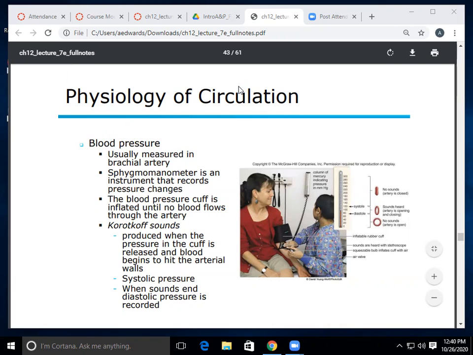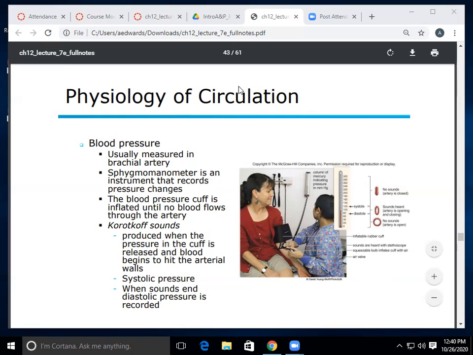Okay, so they do the blood pressure till you cut off blood flow, and then they start releasing the air slightly, right? So when you start hearing blood hitting those arterial walls, okay, it gives you a sense of the systolic pressure, okay?